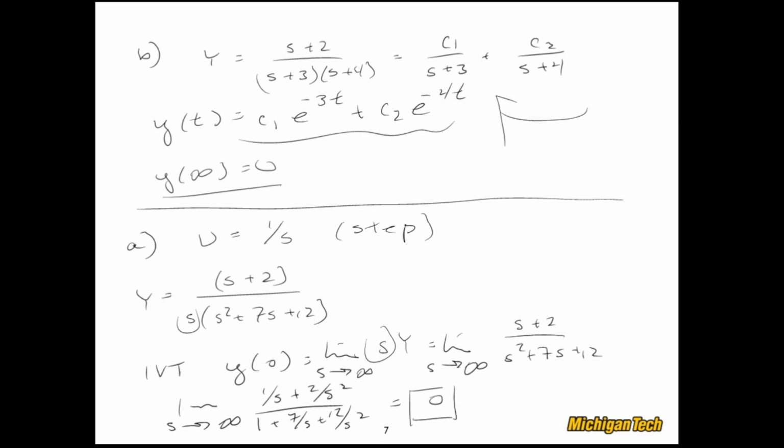Now, for the more interesting case, again we're working with A, where u is equal to a unit step, and we'll do the final value theorem. So y is equal to, again, s plus 2 over s squared plus 7s plus 12.